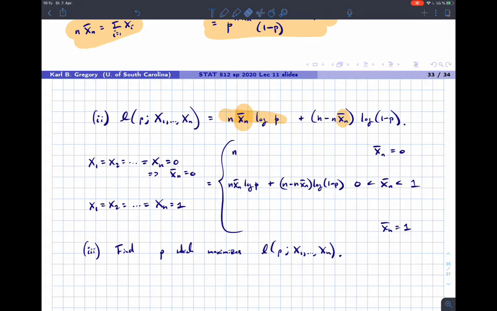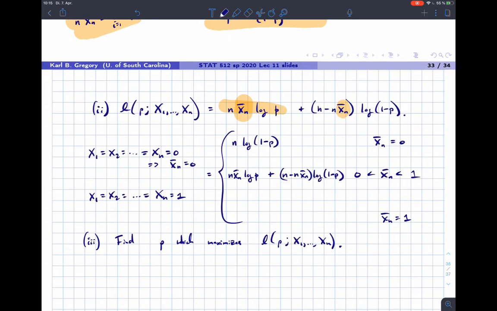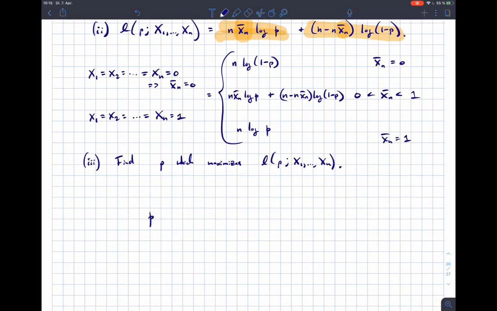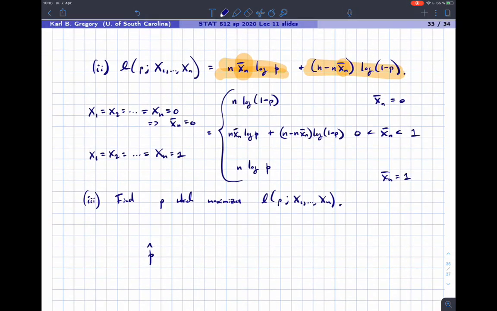So I get n times log 1 minus p. If x bar is equal to 1, then this goes away, and this becomes just n log p. So p hat is going to depend on which case we're in. Let's look at these cases first.